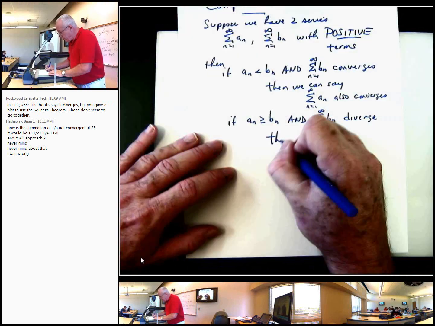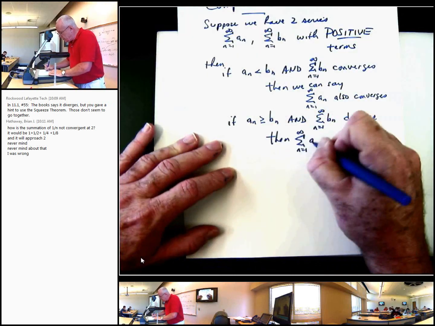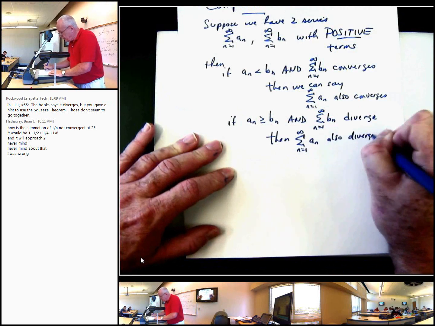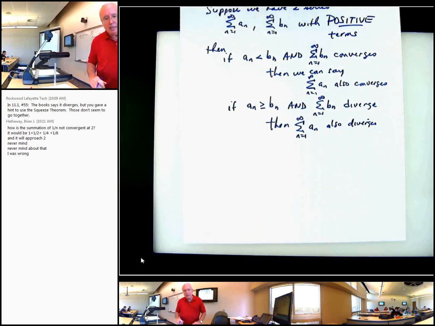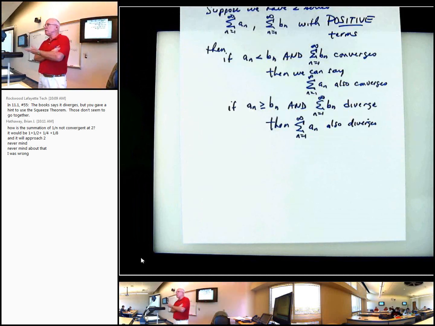Then the summation of the a sub n also diverges. So I think it makes pretty good common sense, just the statement of this. If the other thing diverges, something bigger is also going to diverge. If one thing converges, something smaller than that is also going to converge.